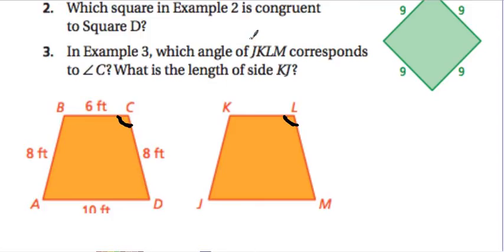Another way is, remember, this was A, B, C, D, and J, K, L, M. Angle C is our third angle, and angle L is our third angle. So angle L corresponds with angle C, and they're also asking what is the length of KJ. So what is this length right here? We know KJ corresponds with AB, and because AB is 8, then they're congruent to each other, so segment JK also has to be 8 feet.